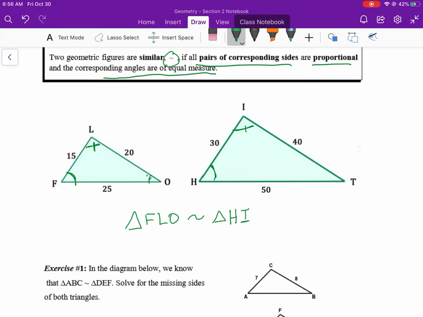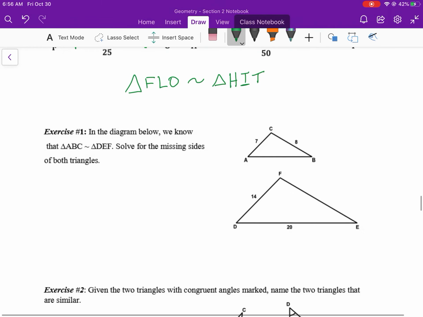And then O over here matches with T. So when you name similar triangles, you have to make sure that you match up the angles, okay?